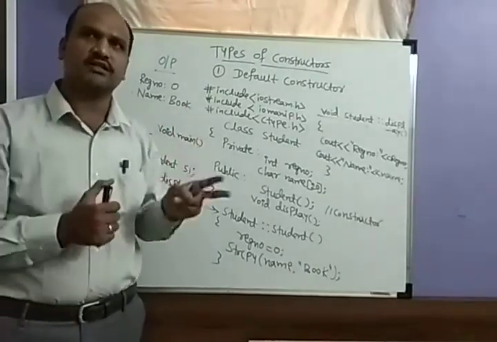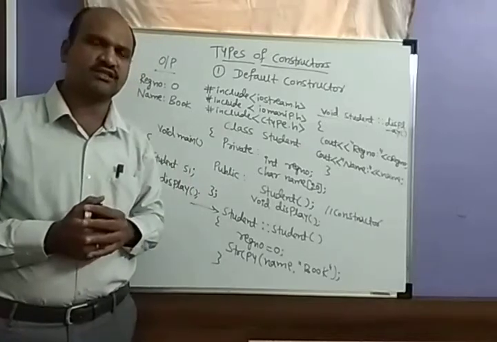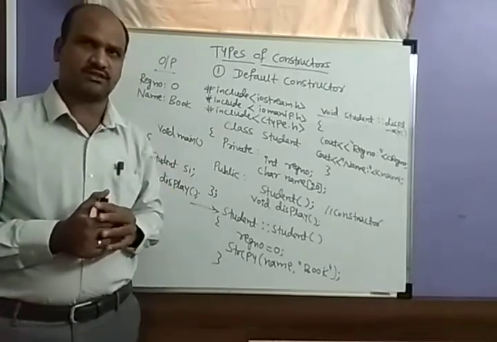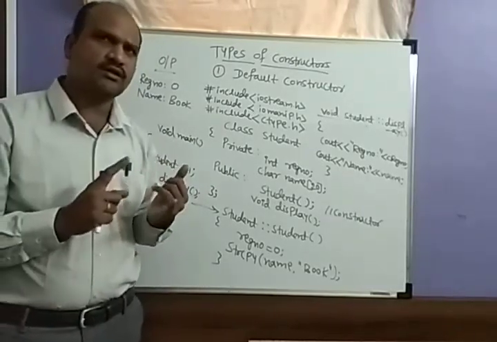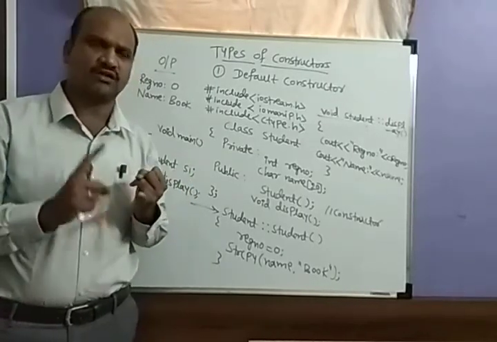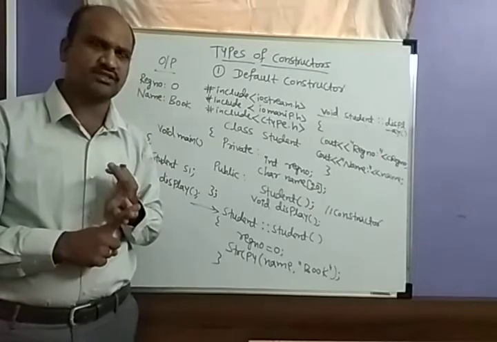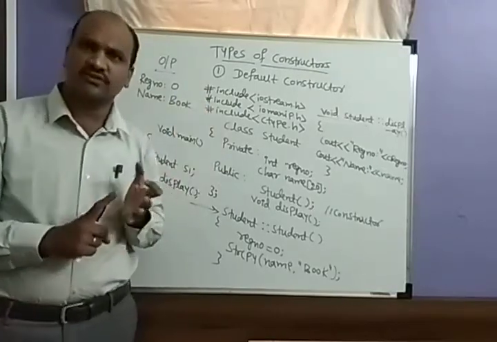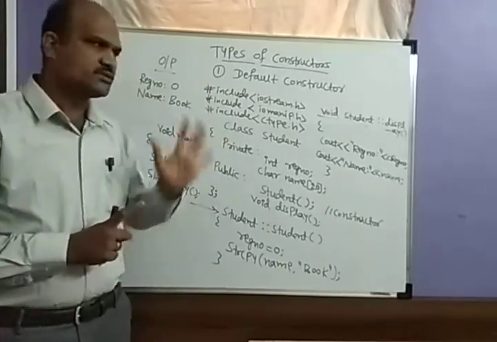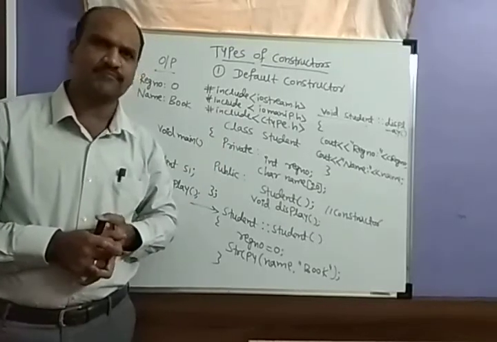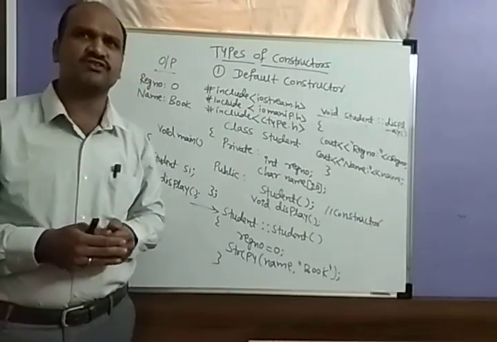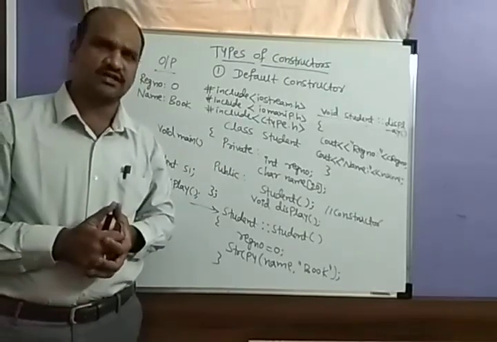There are two others, that is the parameterized constructor and the copy constructor. So today we learned about constructors, what a default constructor is, its features, and its syntax with a simple example. In the next class we will discuss the other two types of constructors.